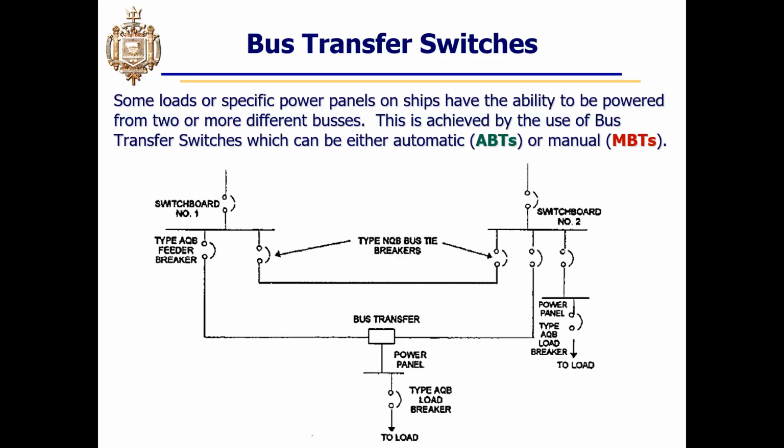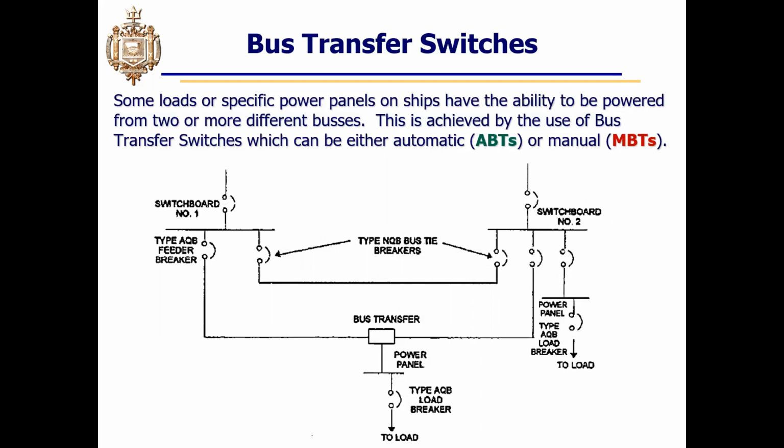Upon an interruption of power, the ABT will trip the spring, and the spring will immediately, in a very, very small fraction of a second, move the contact from the primary power supply, which we could say is the number 1 switchboard in this picture, over to the number 2 power supply. It would do it automatically, without any operator action.